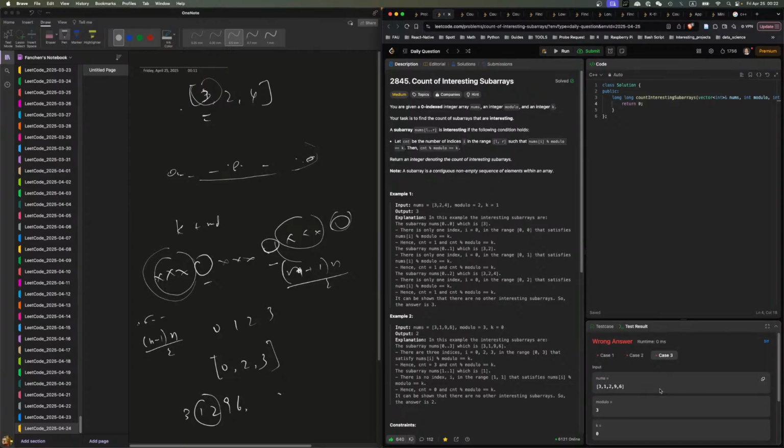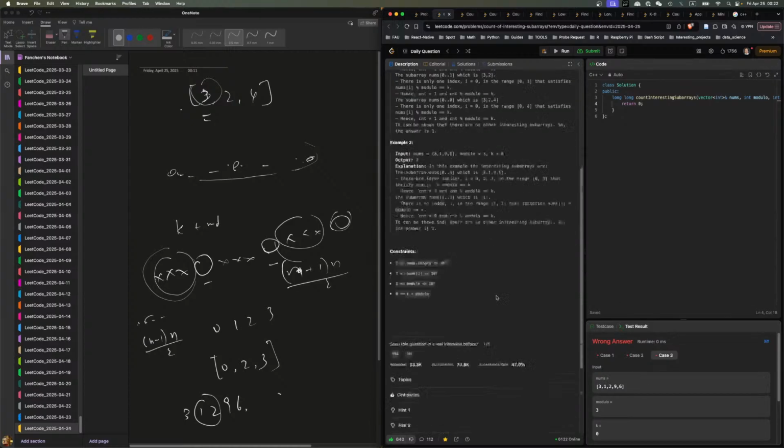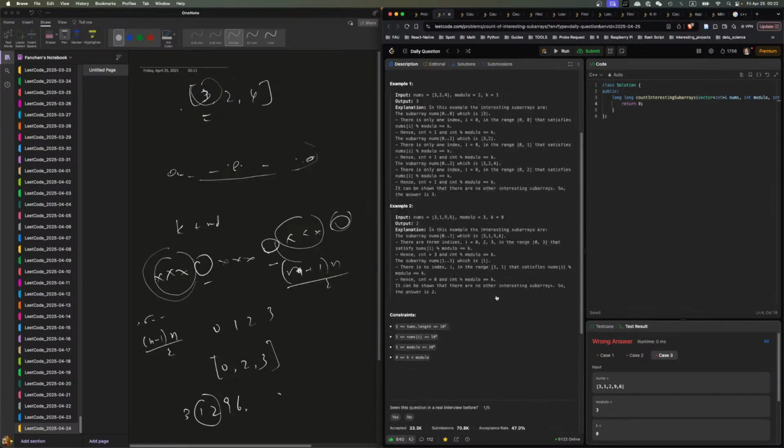Yeah, okay. So yeah, we go with k, whatever k is. And if k is 0, then we go through them to find gaps.